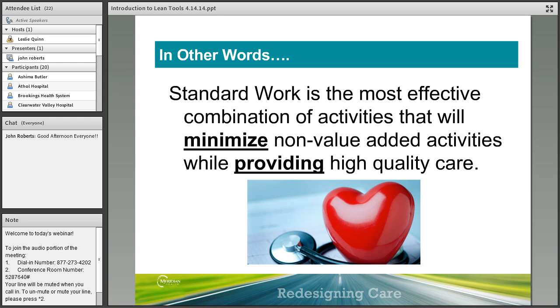If you could advance to the slide that shows, I think it's the combination form.